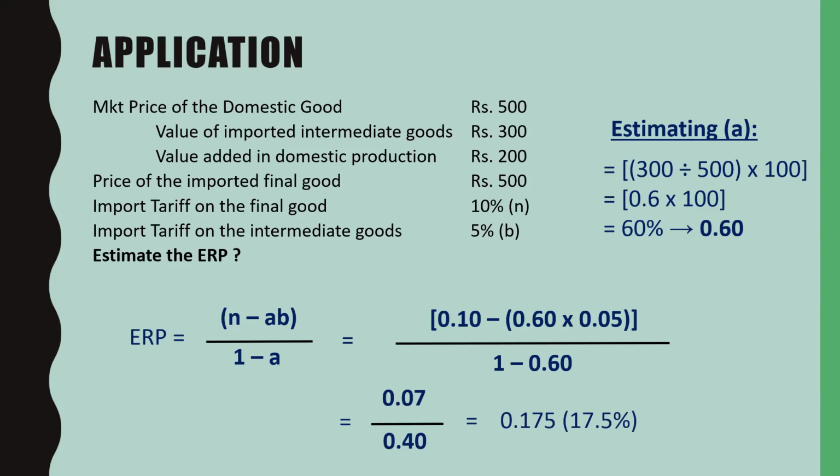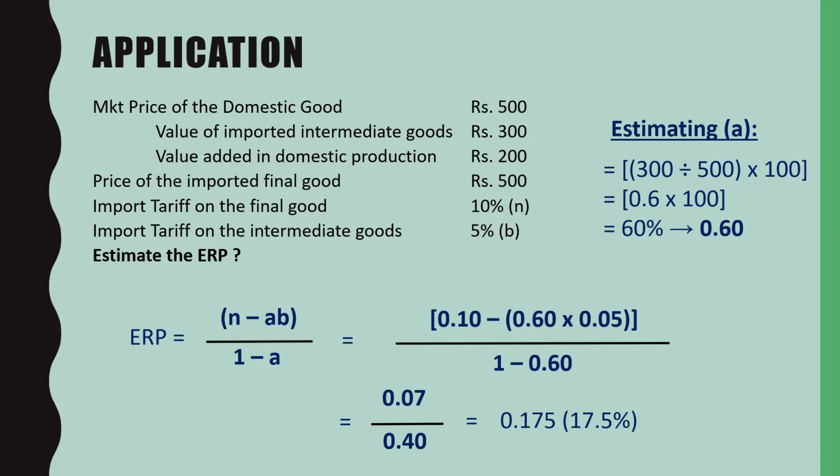In case you are not given the value addition information, still you have a method to estimate the effective rate of protection. That's the advantage of this method. Is that clear?